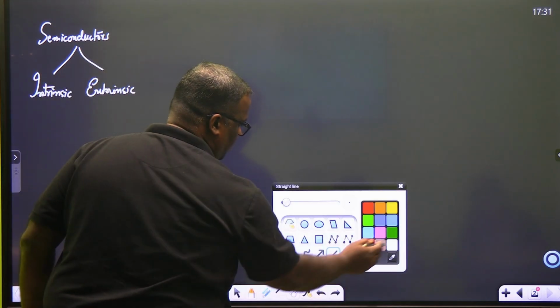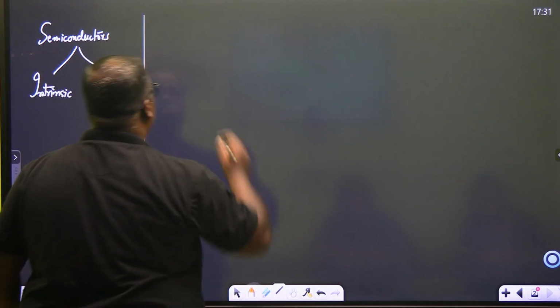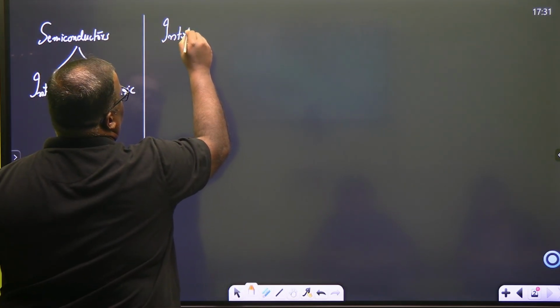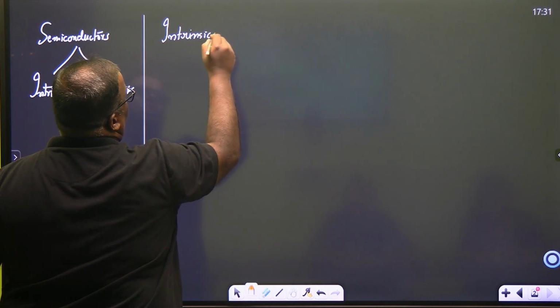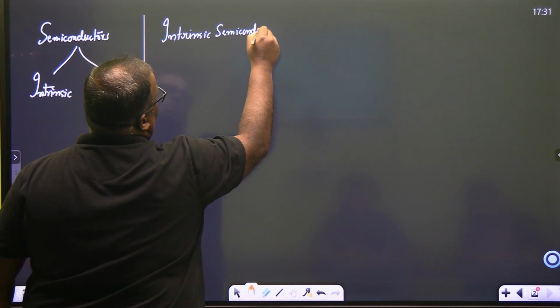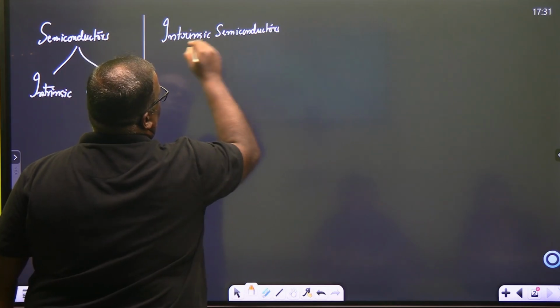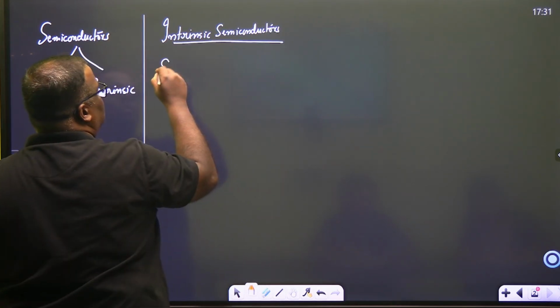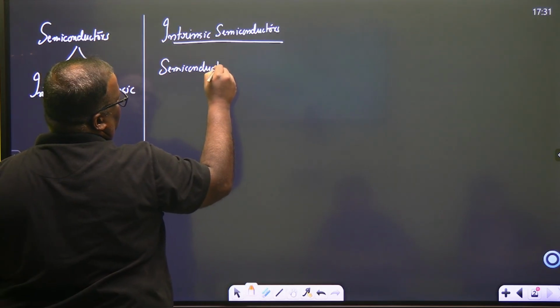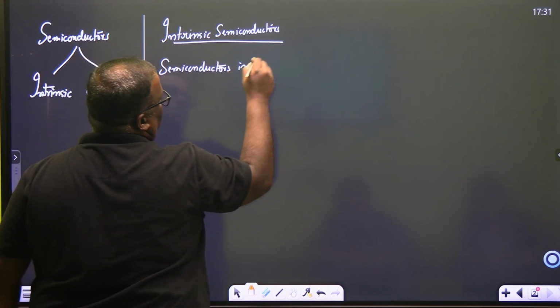So our study begins with intrinsic, and from here, please pay attention so that the notes become easy for you. Intrinsic semiconductors. These are semiconductors in their purest form.